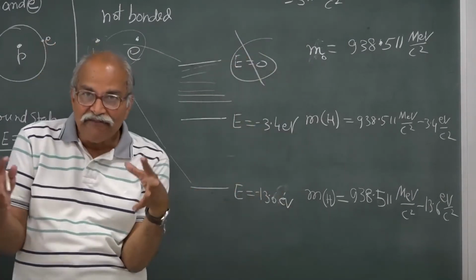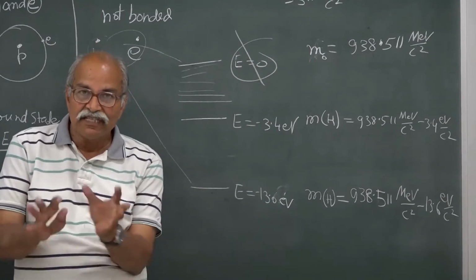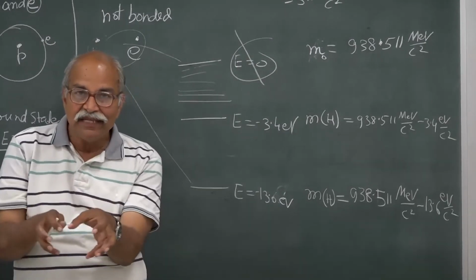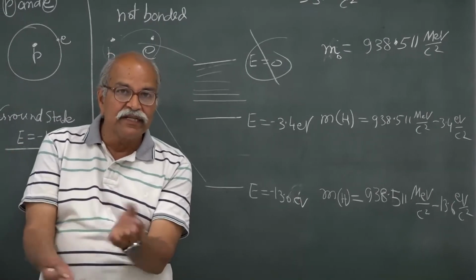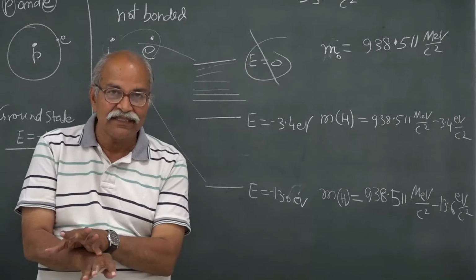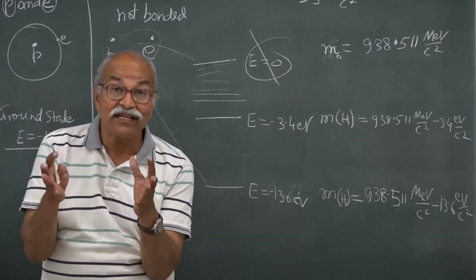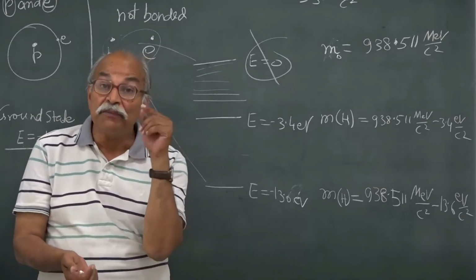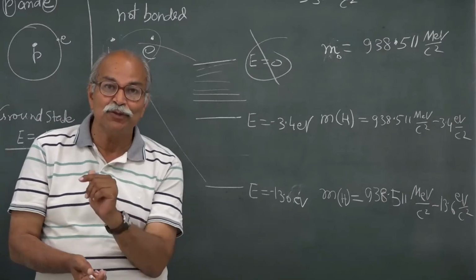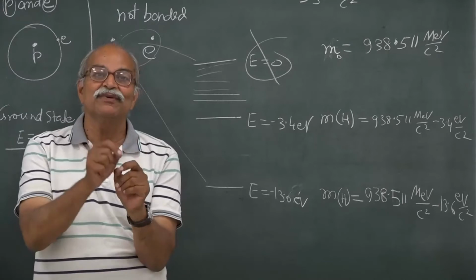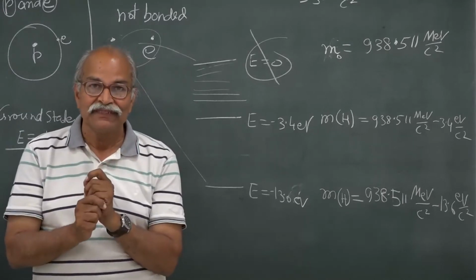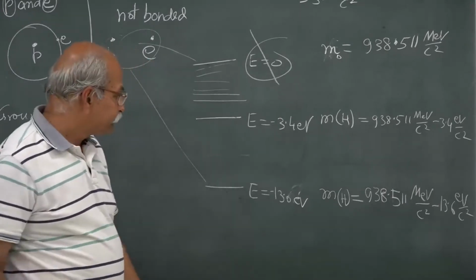So, if you have a composite particle which is made of subparts, and these subparts can move internally and interact with each other, then the rest mass of that composite particle will not be equal to the sum of rest masses of the constituent particles. I take another example.